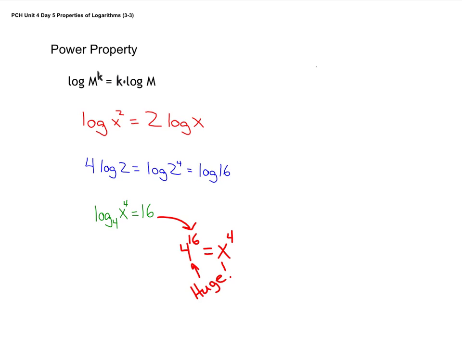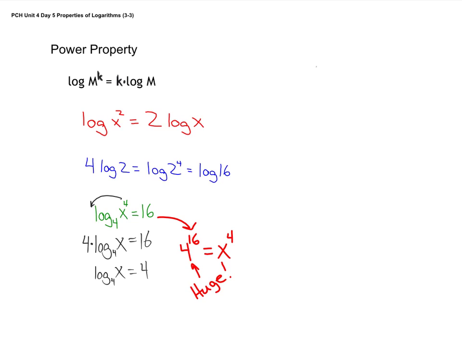You can make your life a whole lot easier if you first of all pull that 4 out in front, so now it's 4 times the log base 4 of x equals 16. And now, since it's 4 times the log, I can divide both sides by 4. So now it's just the log base 4 of x equals 4.